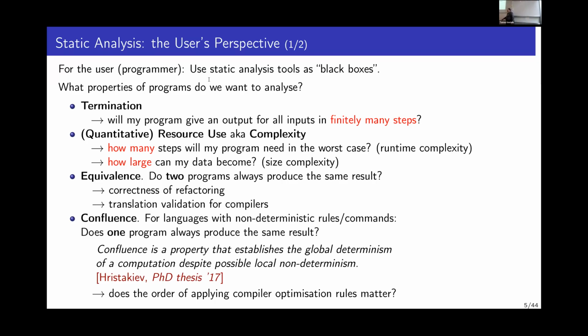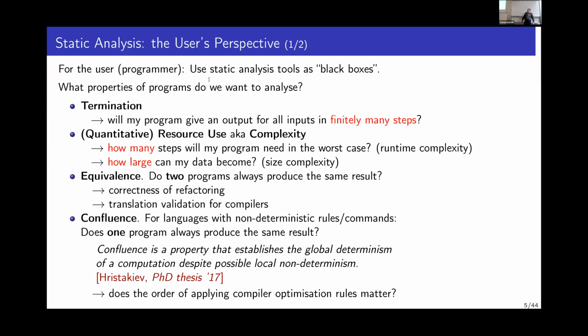And another question that frequently comes up, specifically in rewriting and more generally in languages that support non-deterministic rules or commands: does a single program always produce the same result? So Khristiakiev put it very nicely in their PhD thesis when they said confluence is a property that establishes the global determinism of a computation despite possible local non-determinism.